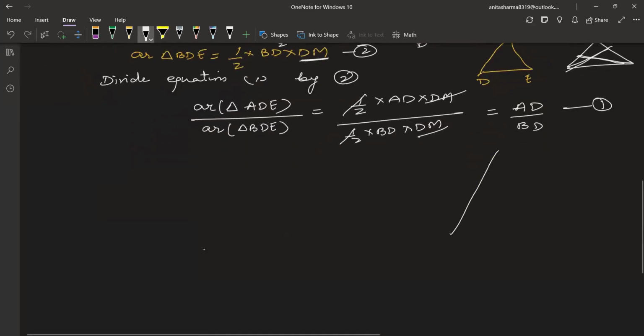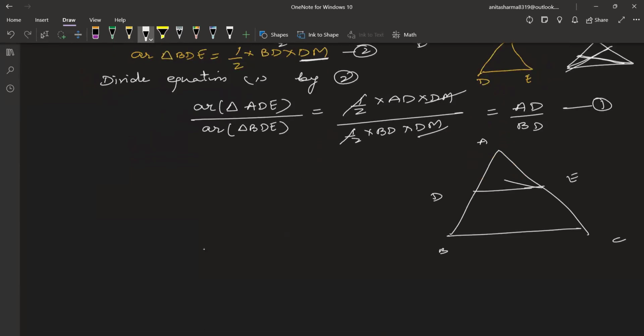Now again, we are having this triangle ABC, D, E. So here the perpendiculars are EN and DM. Now we want AE upon EC. So AE comes in which triangle?